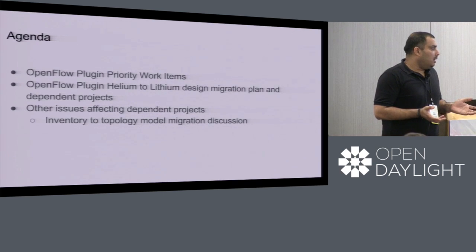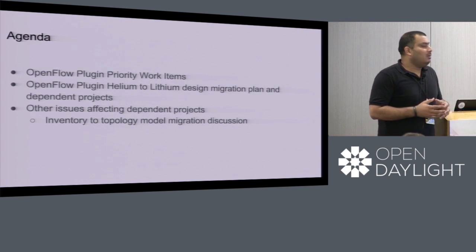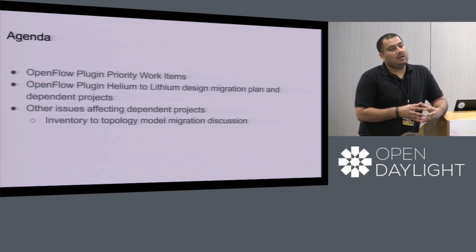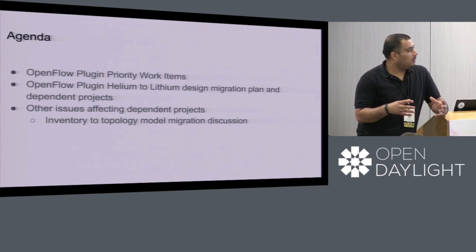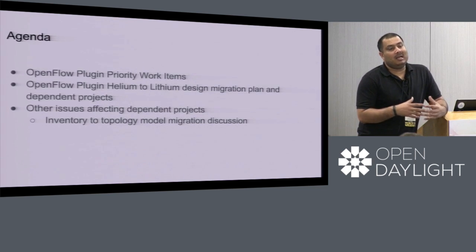Eventually, the topology model is something we can use for both purposes. So we get rid of that confusion, and just come together and use the topology model as the de facto Yang model for the OpenFlow plugin.